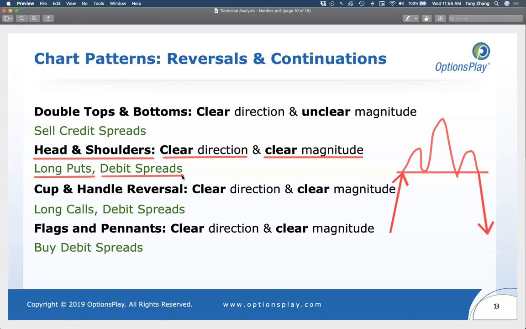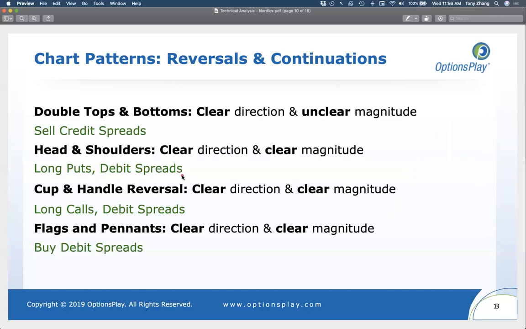And then you have reversal patterns like cup and handle. This also gives you a clear sense for direction, clear sense for magnitude. And, like I said, this is by no means an exhaustive list of the different chart patterns that you can have, but this gives you a sort of template to start thinking through.